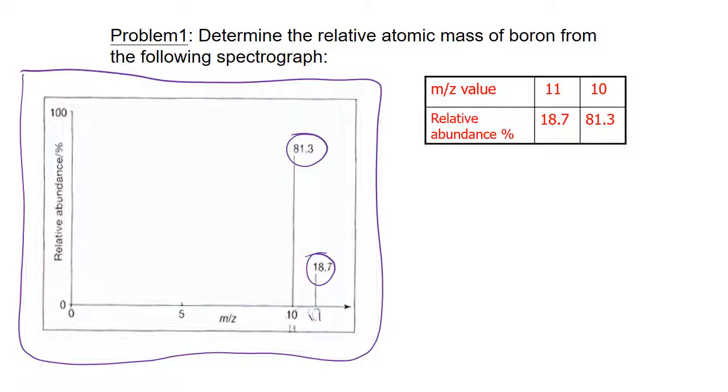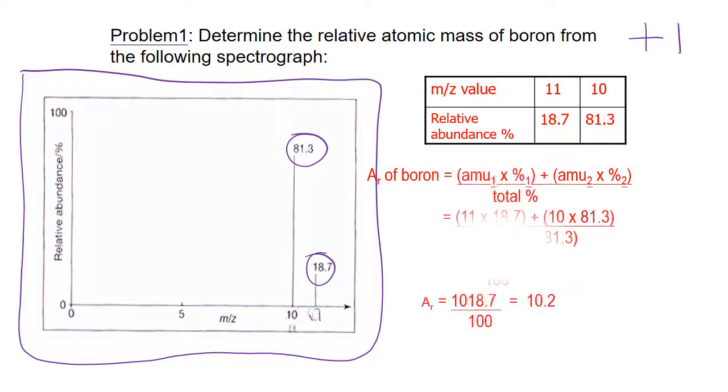So you can see from the chromatogram that the m/z value of 11 is an 18.7% abundance and the m/z value of 10 is an 81.3% abundance. Now we know that the charge on boron is +1, so these correspond to the mass values. With that information in hand, we can state that that would be mass 1 and mass 2.